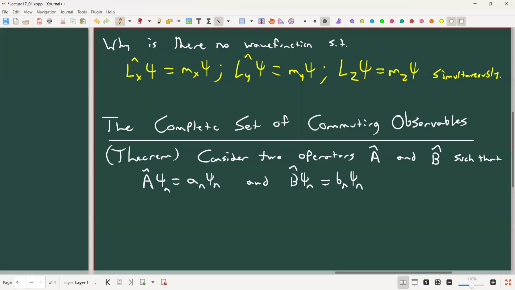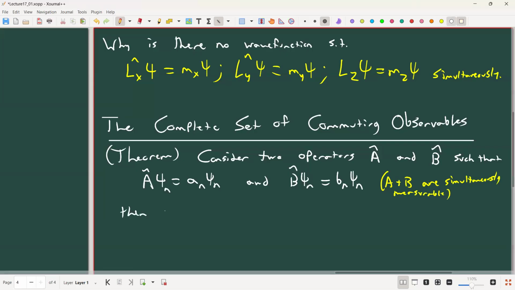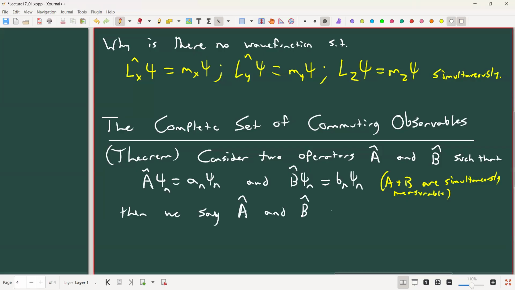So imagine we can define a wave function such that we can measure both simultaneously. So A and B are simultaneously measurable. Then we say A and B commute.